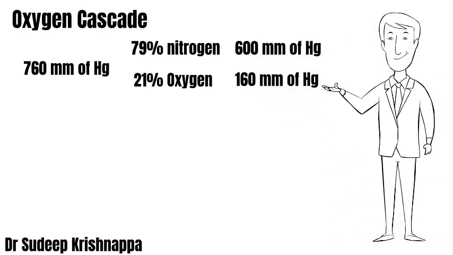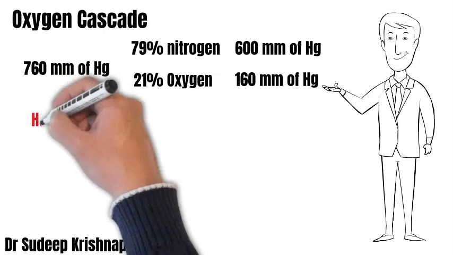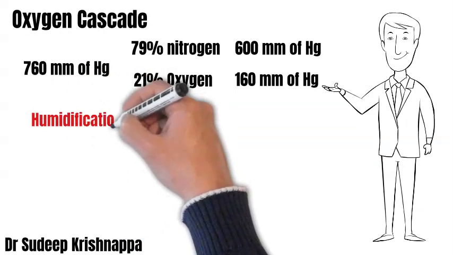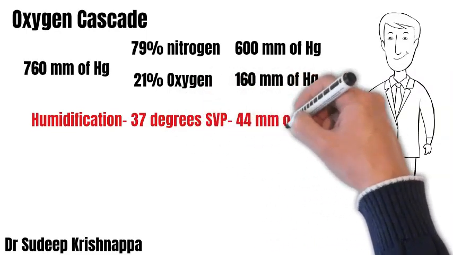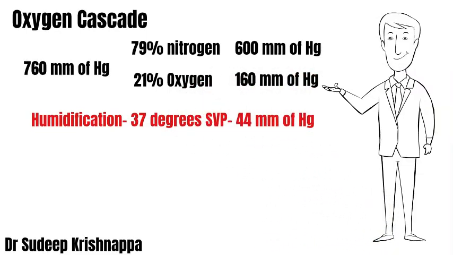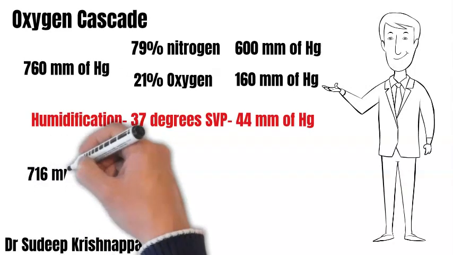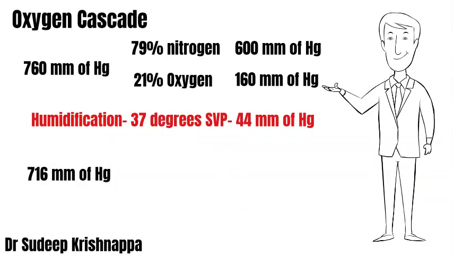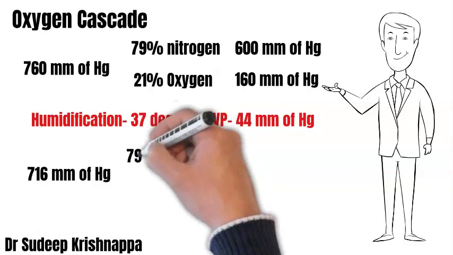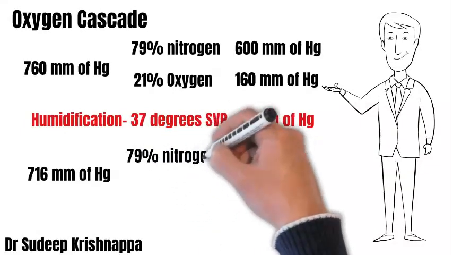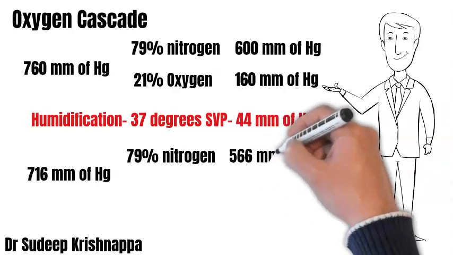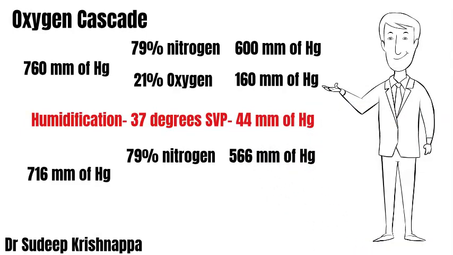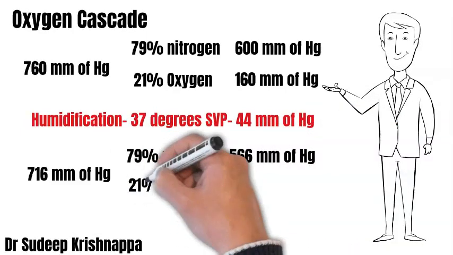Now, the first step of the oxygen cascade is because of humidification of the inspired air happening in the conducting areas. The inspired air is fully saturated with vapor at body temperature of 37 degrees. The saturated vapor pressure is about 44 millimeters of mercury. Now, with the addition of vapor, we have three gases contributing to the volume as well as the total pressure.